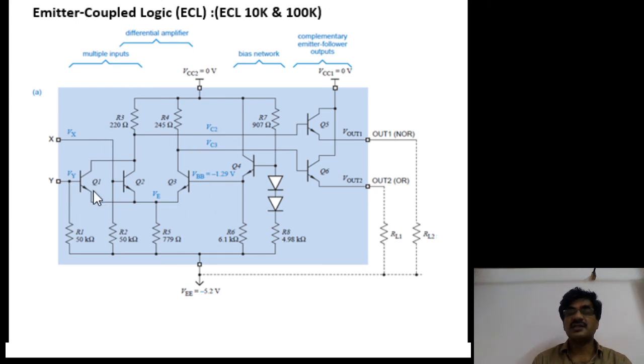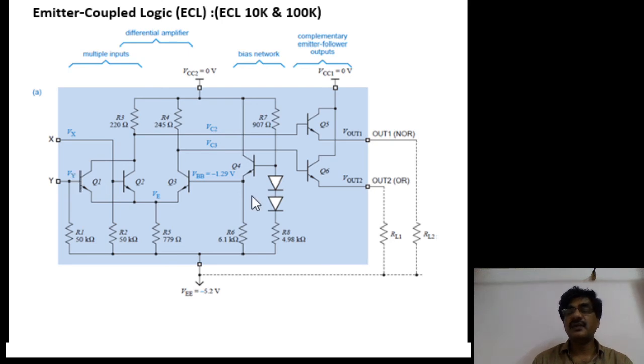The rest of the network, the diodes and transistor network, provides the proper biasing voltage at the base of the right hand side transistor, that is transistor Q3. As I said in the previous slide, the right hand side transistor base is maintained at proper biasing voltage, whereas inputs are connected at the left hand side transistors.